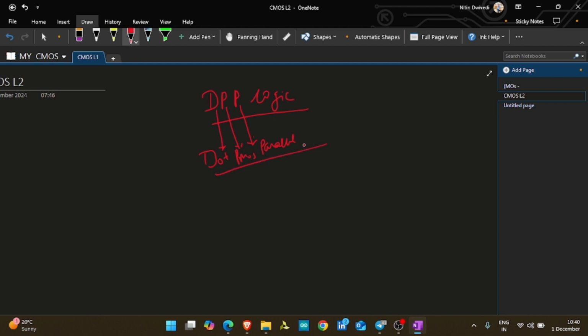Based upon this I would like to create a table, and this table would be a lookup table. For example, if I am having a dot and then I am having a PMOS, then what would be my answer? If I am having a dot and an NMOS, then what would be the answer?